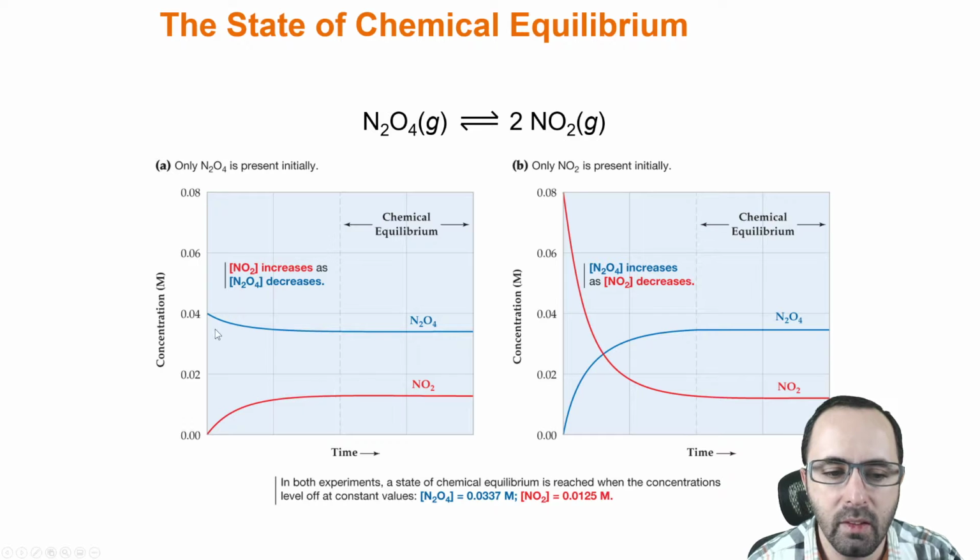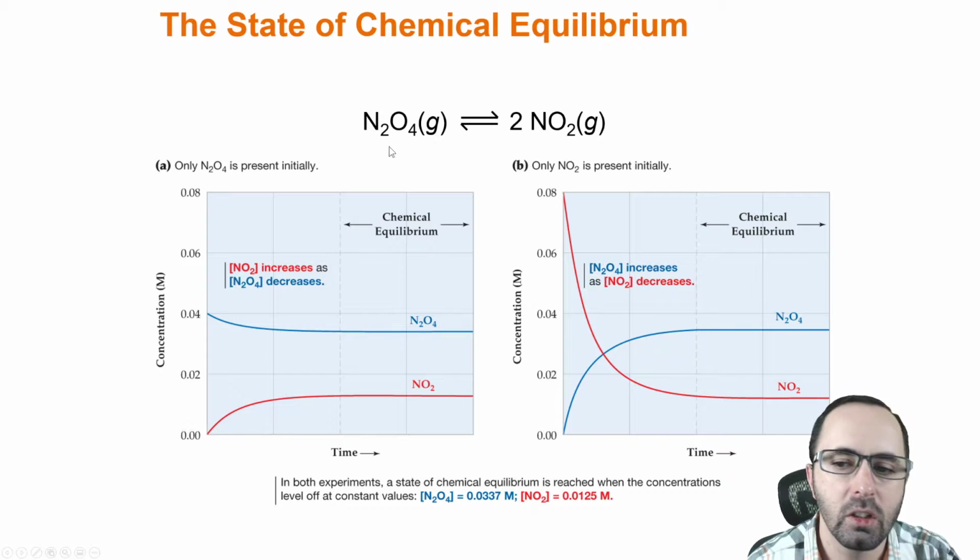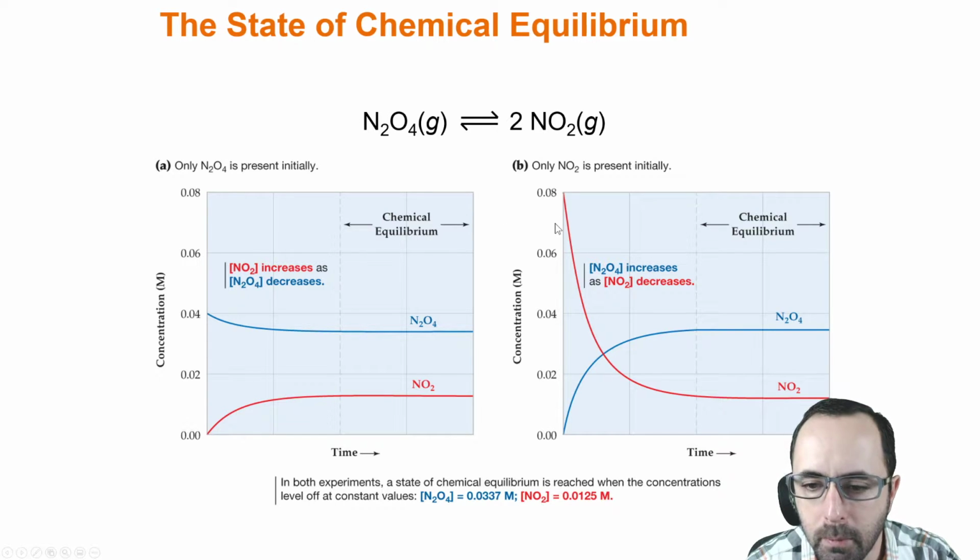Now, this is the situation where there was only N2O4. Let's say we had a different reaction where we had only NO2 present. And so in this reaction, the reaction would go backwards to produce some N2O4. And we can see again, as we go forward now, we're using up NO2. It is reacting together to make N2O4.